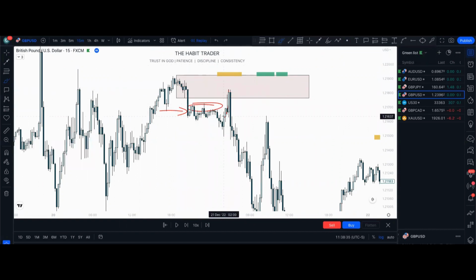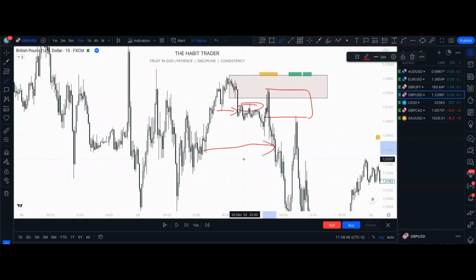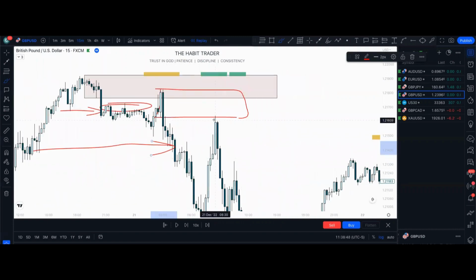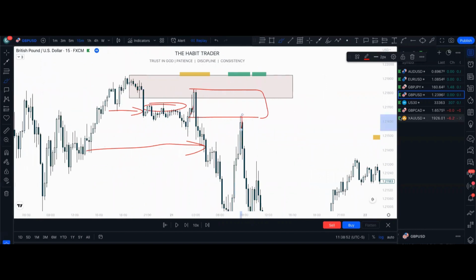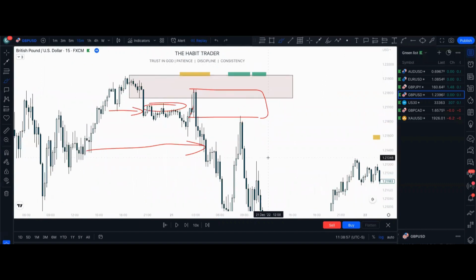Another one is this one, created in a 15-minute zone. This low has been broken, and then the price goes up, mitigated this supply zone here, and then goes down again. You can test this.